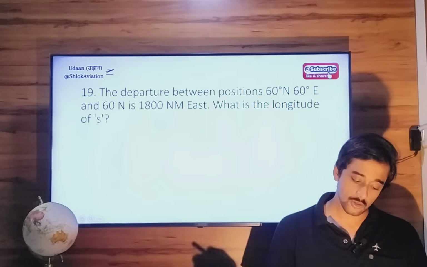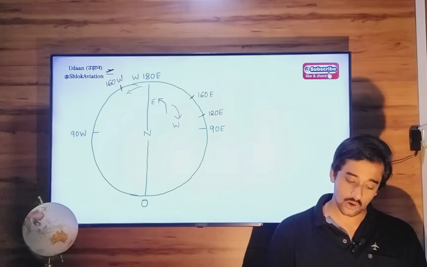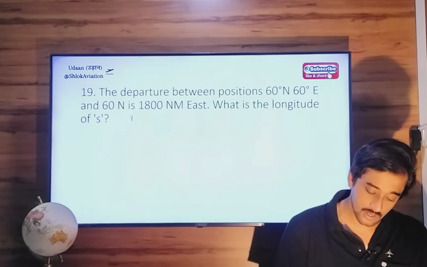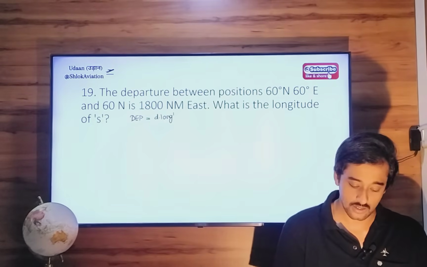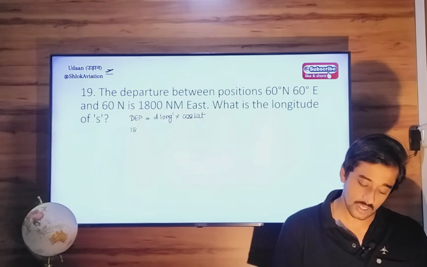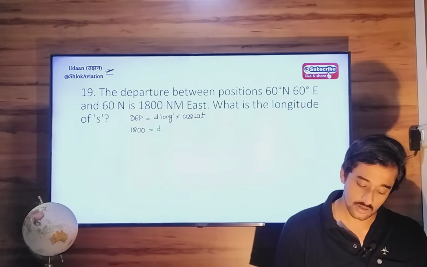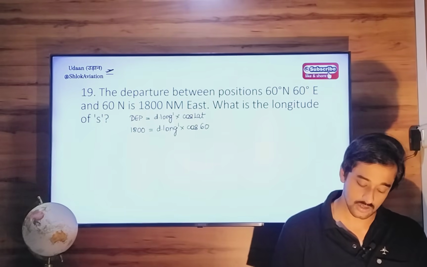Departure between two positions is 1800 nautical miles. What is the longitude? Similar question: departure is d long in minutes into cos of latitude. So 1800 equals d long in minutes into cos of 60.